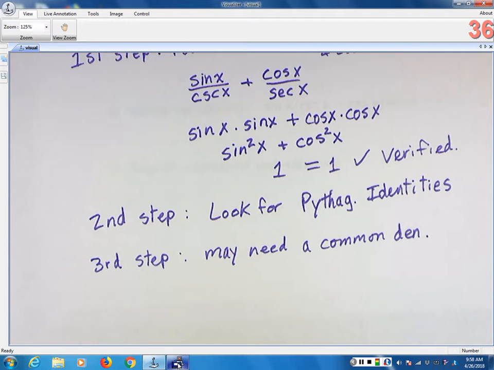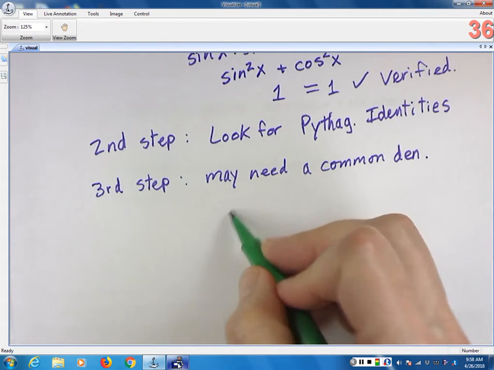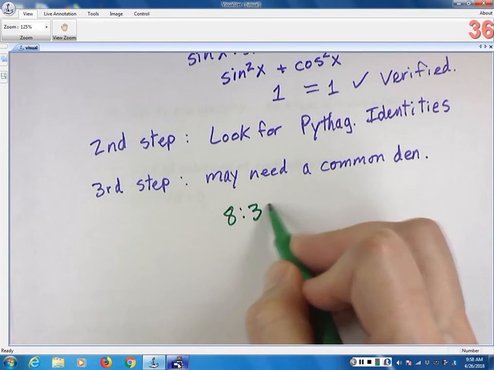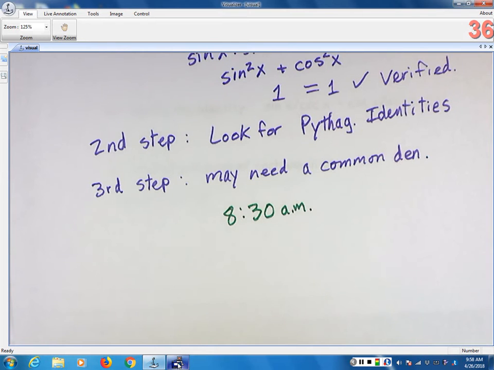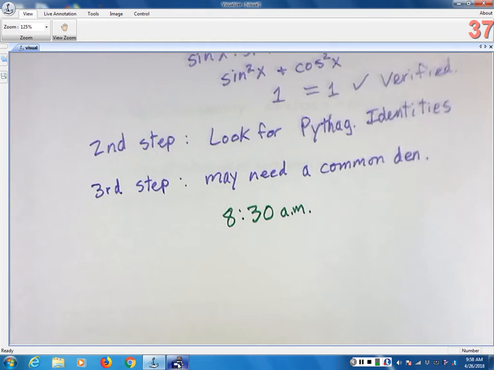If you don't want to show up till 9, that's fine, but you won't get that extra half hour. If you come at 9, you'll get the extra half hour. Okay, so this really doesn't apply to you.